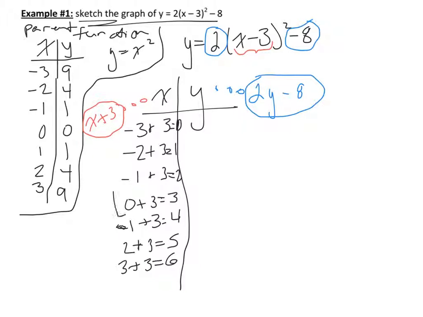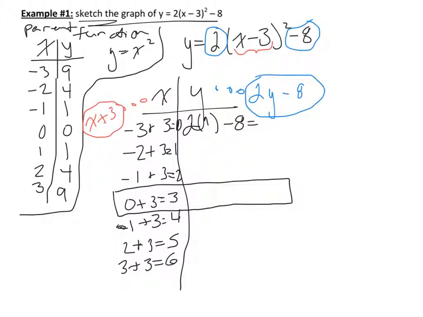I'm going to circle this here because I know that was the transformation I did to the vertex, and we'll be able to double check that. So I'm going to say it's going to be 2 times, and this isn't just some number, it's our value from over here. Our first value was 9 minus 8, and so 2 times 9 is 18, minus 8 is 10.